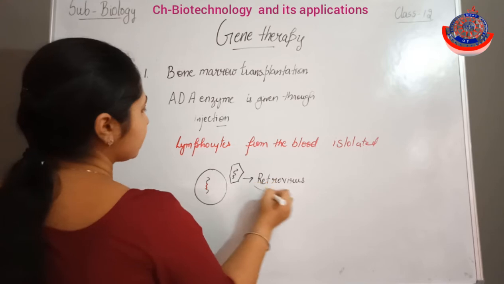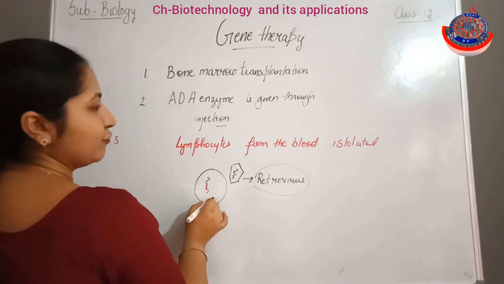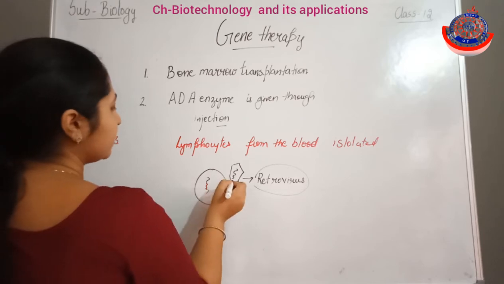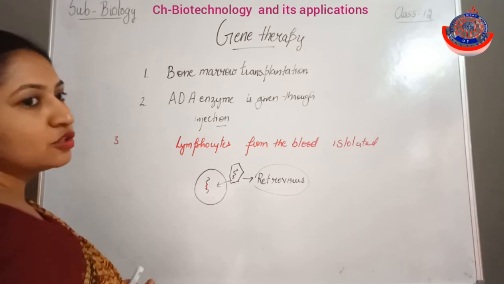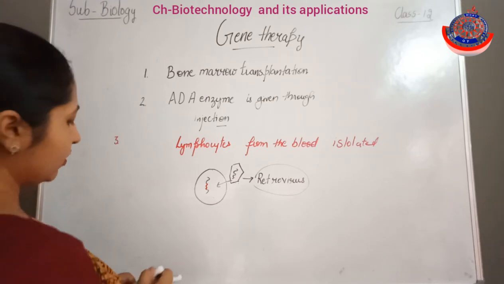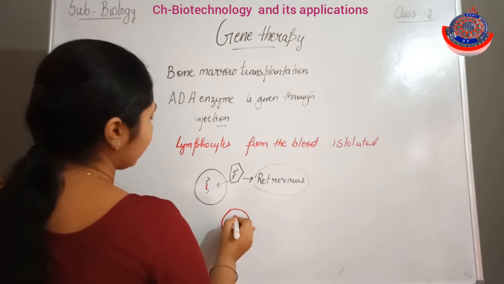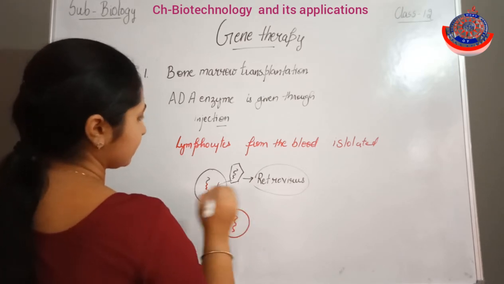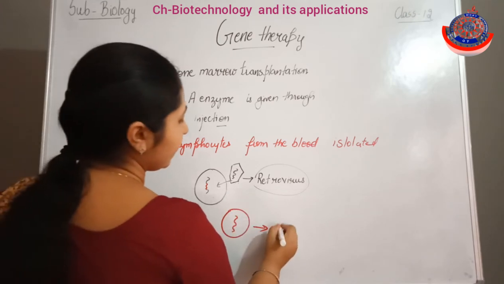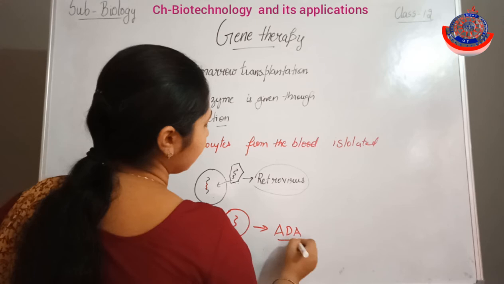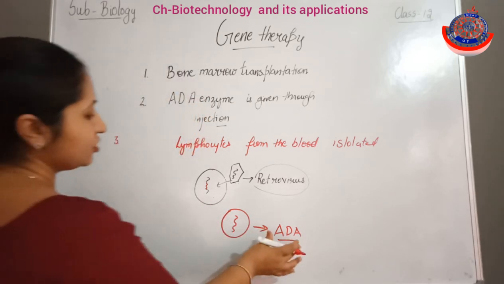When this vector is transformed into the lymphocytes, this normal gene replaces the non-functional gene. It becomes like this, and it replaces the ADA, the adenosine deaminase gene.